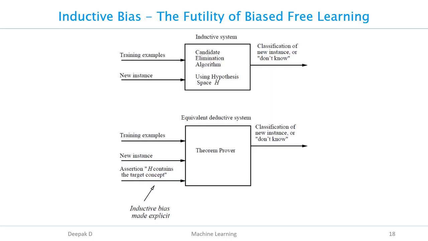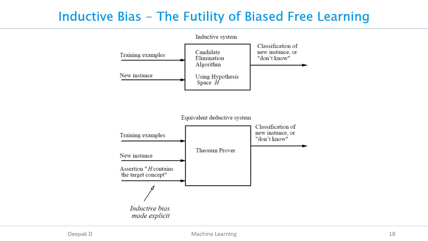See, from this figure you can identify the modeling of an inductive system by an equivalent deductive system. The input output behavior of the candidate elimination algorithm using your hypothesis space, which is denoted as H, is identical to the deductive theorem which is proven utilizing the assertion. What is the assertion? H contains the target concept.